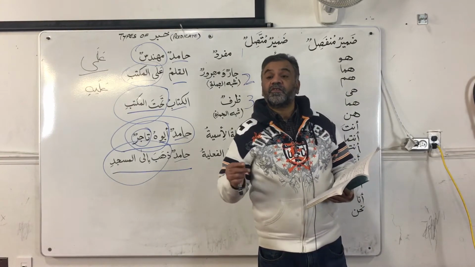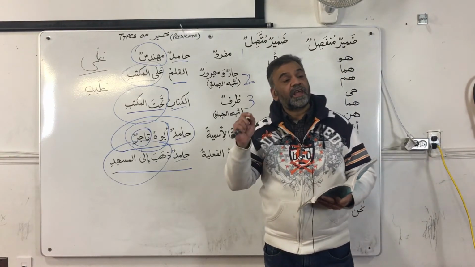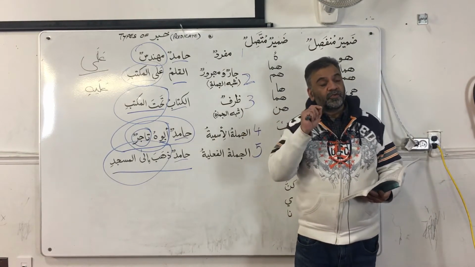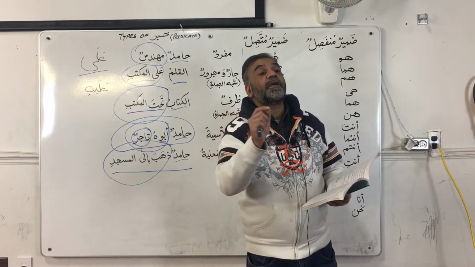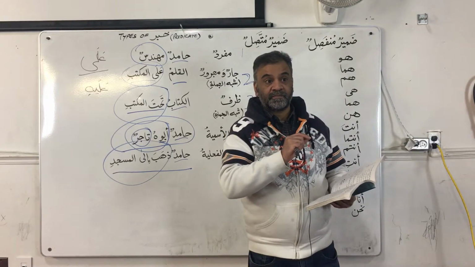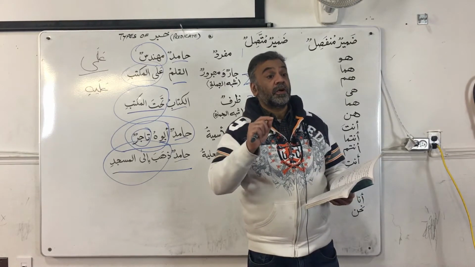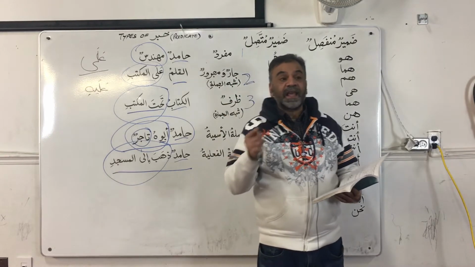So, this is coming as a particle of interrogation, but when we say in Ayat al-Kursi, lahu ma fis samawati wa ma fil ard. Now, lahu, belong to him, harf jar ism majroor, then comes ma.